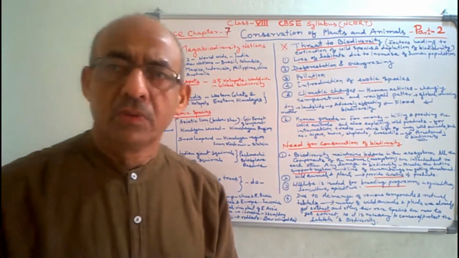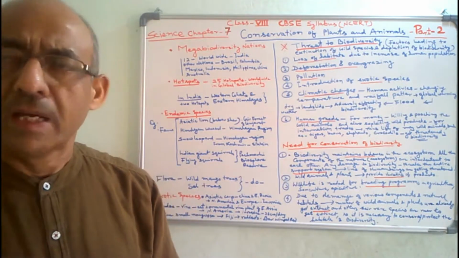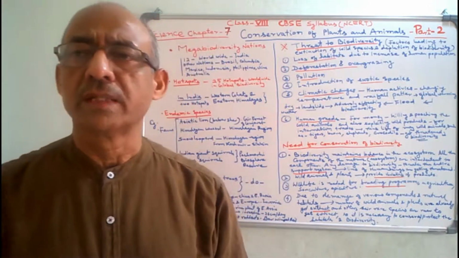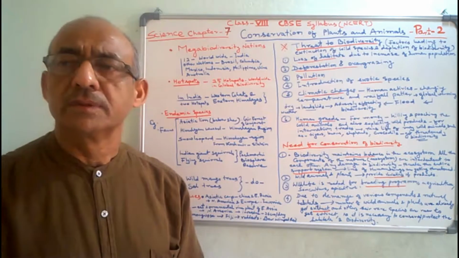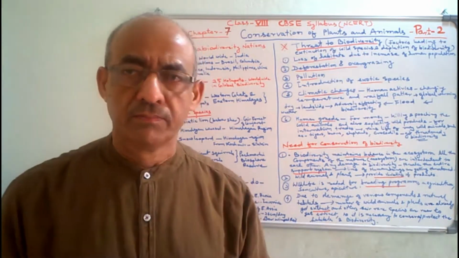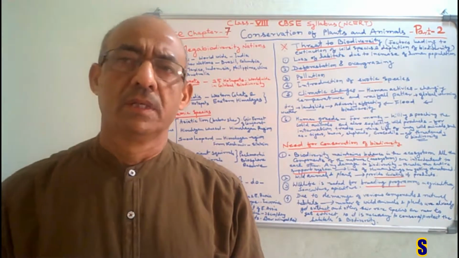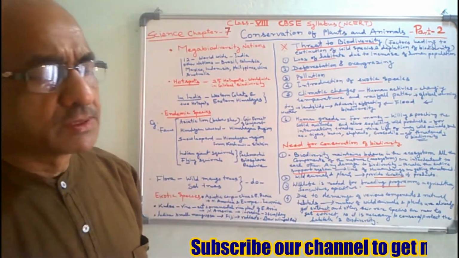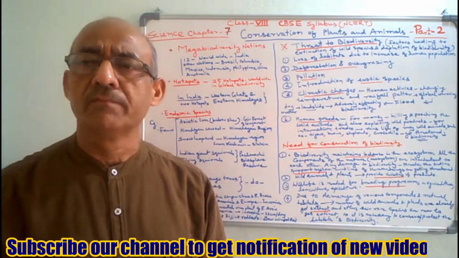That time we have already discussed regarding hotspots. Again I am repeating. Listen students carefully. Hotspots are those regions of the mega biodiversity nations where certain type of endemic species of the plants and animals are found. Still, all over the world, 25 hotspots are identified.